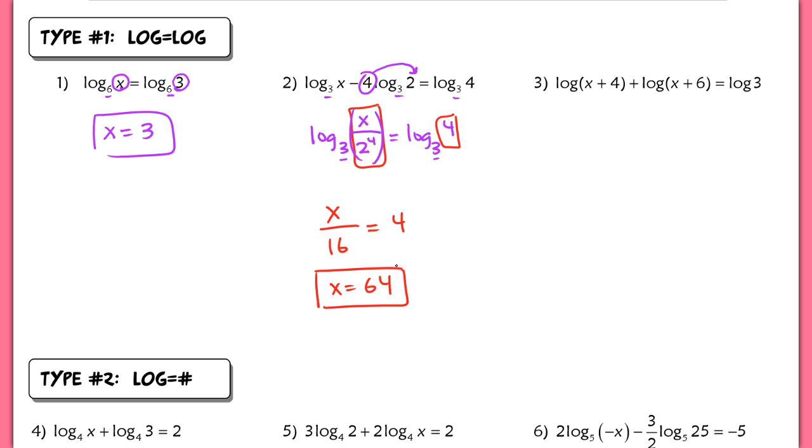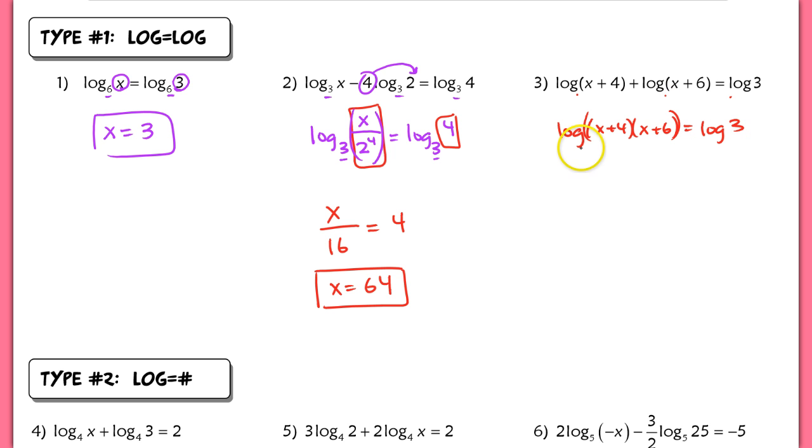Now in the third example, each one of these has a base of 10. In this case, again, I want to condense before I set my arguments equal. So I have the log of x plus 4 times x plus 6 equaling the log of 3.